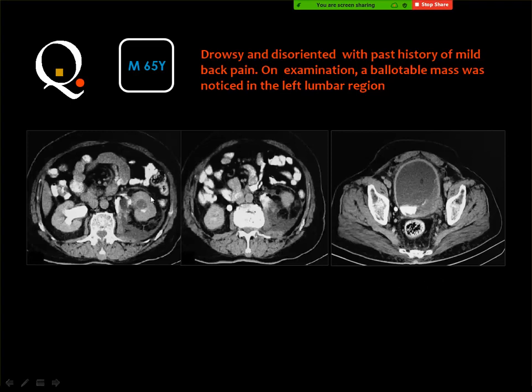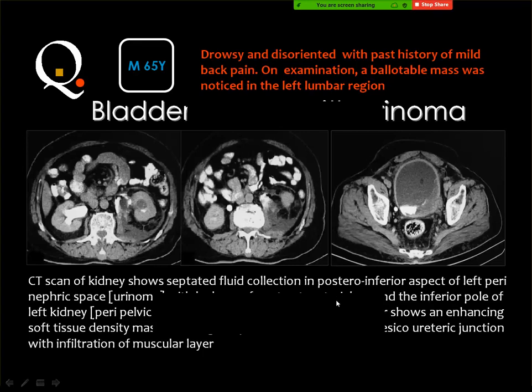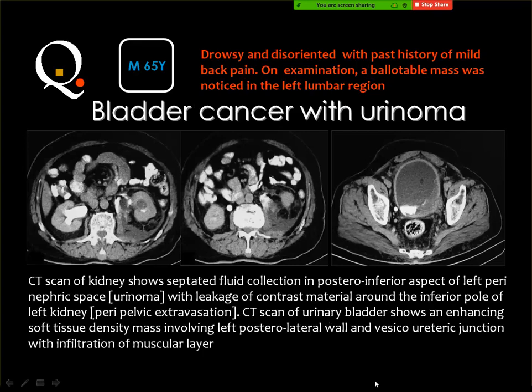No, but this is the kidney, metastasis, which is obstructed, and there is leakage of urine in the perinephric space as well as contrast material. Yes, and this is because of the obstruction of the ureter by the tumor, and this is what we call perinephric urinoma: urinary bladder cancer with obstructed kidney and leakage of urine and contrast material in the perinephric space.